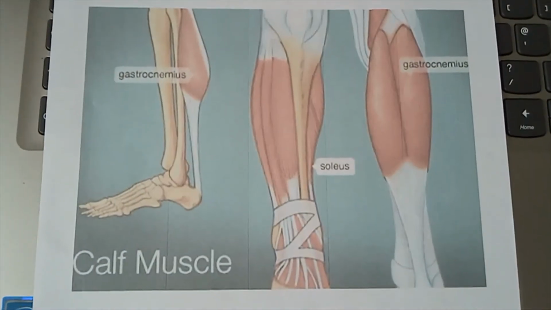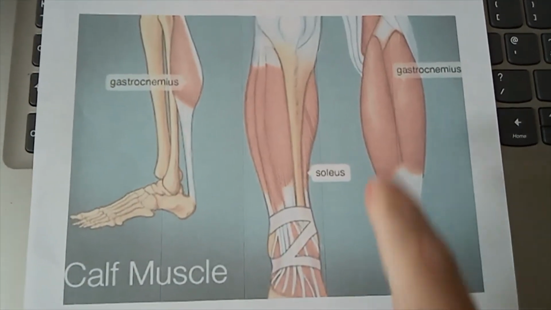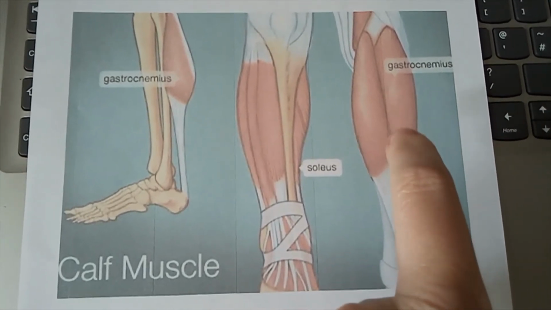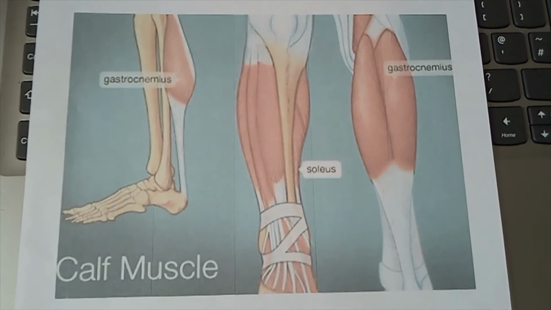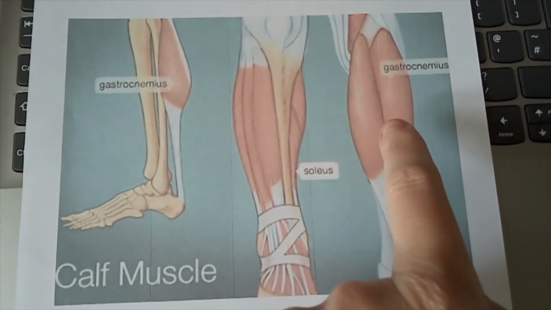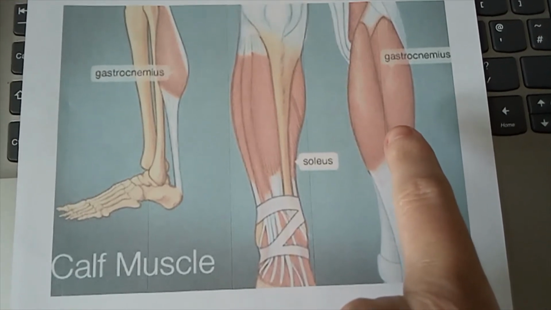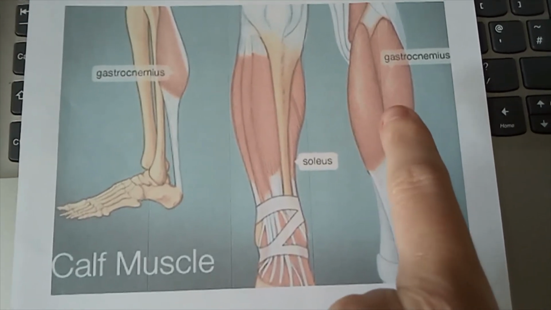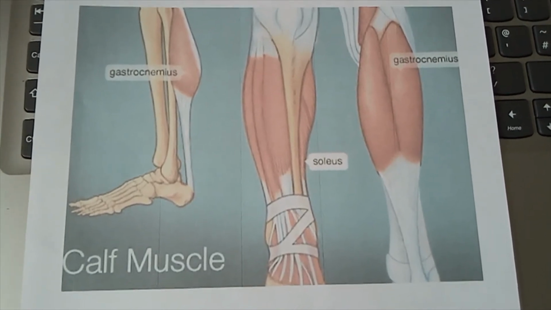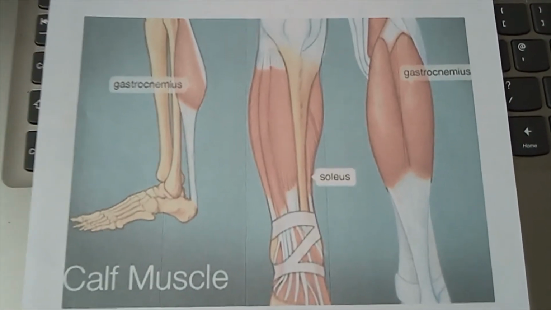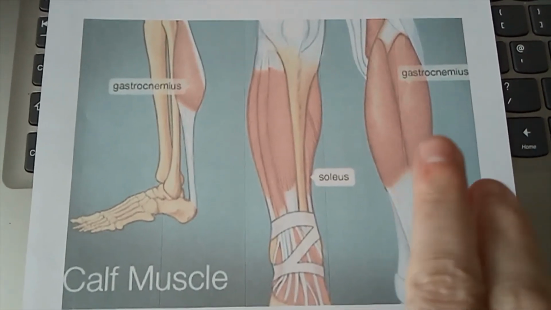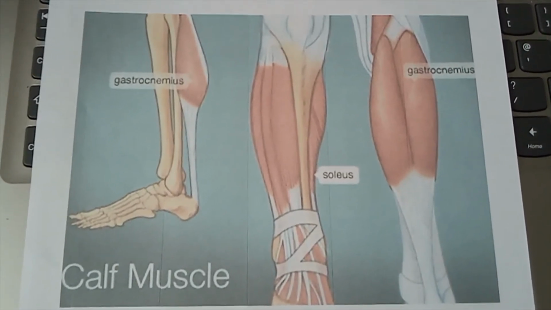So the main bulk of the calf is comprised of two muscles here. We've got the gastrocnemius, which is the main superficial muscle, and this tends to be well defined. That's the muscle that if you stand on your toes and you see the calf muscle sticking out, that's the muscle that you're seeing.